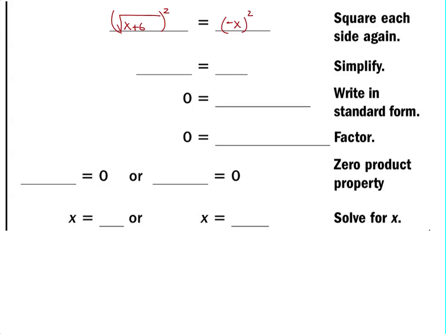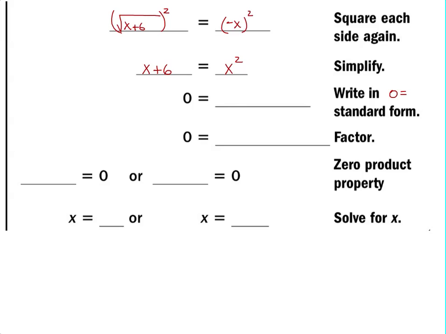And then you square both sides. On the left, this time it's easy because it's just a square root squared, just x plus 6. On the right, it's x squared. Now, it says write in standard form, which basically means 0 equals something.